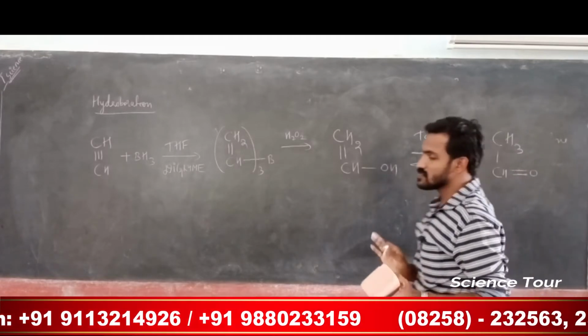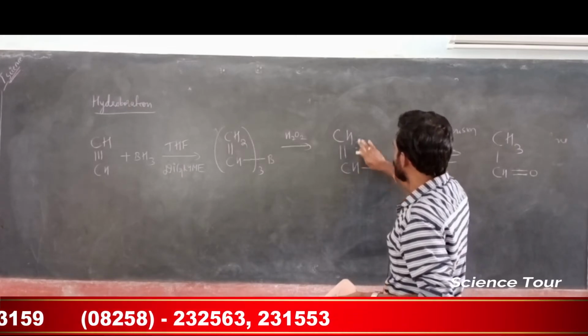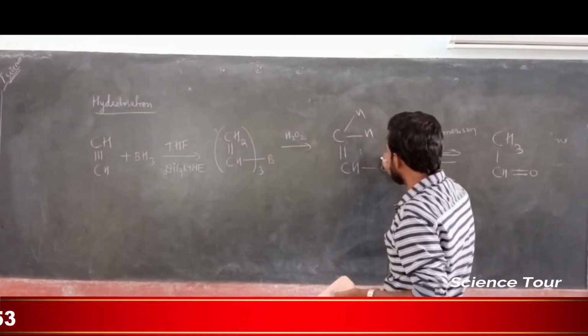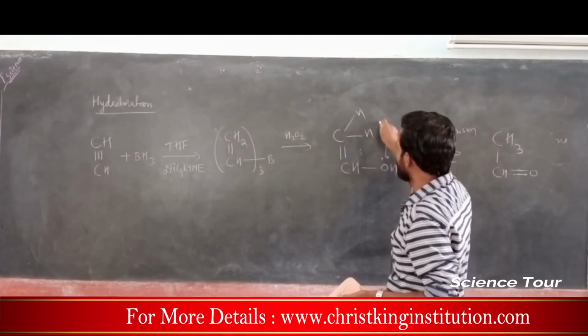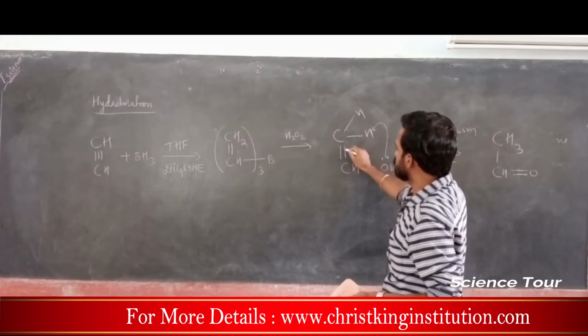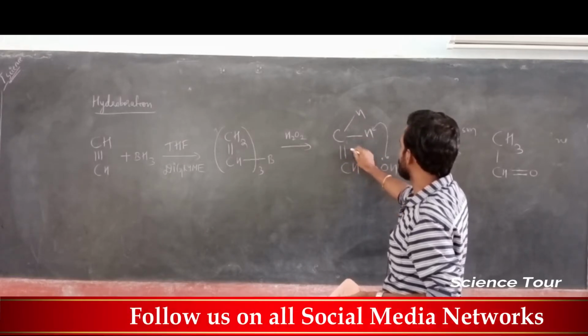What is tautomerism? First I will explain what is tautomerism. This O, I will show you. This I will write like this, CH. Okay, here this O contains electrons, attacks one of the hydrogens like this, and this bond tries to come here.